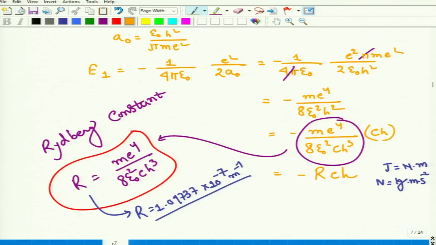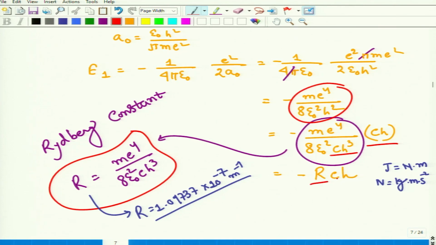But one thing, if you notice, why have we done this? This m square e to the power 4 part is also constant, so we could deal with it directly. But why did we multiply by ch and then divide by ch to build a new type of constant?